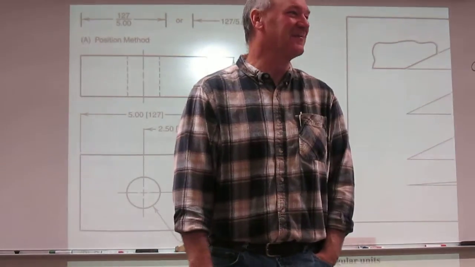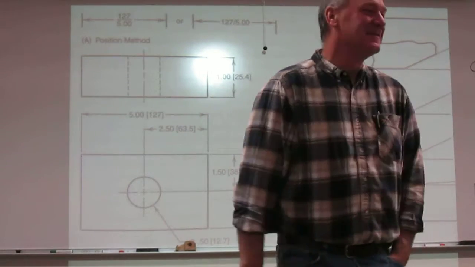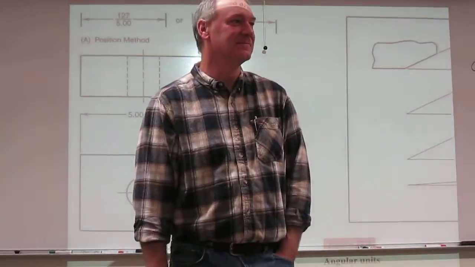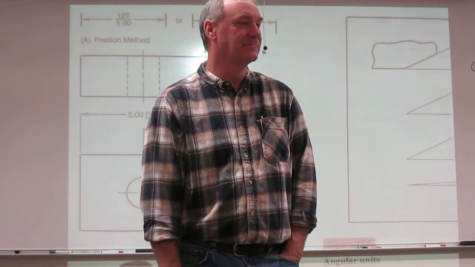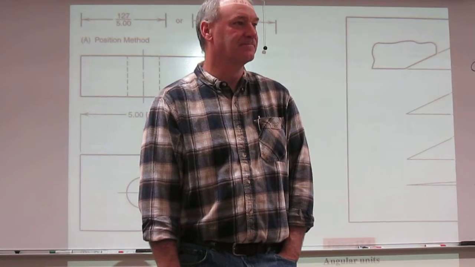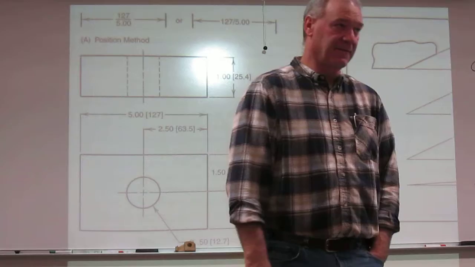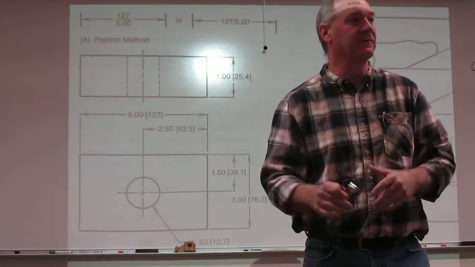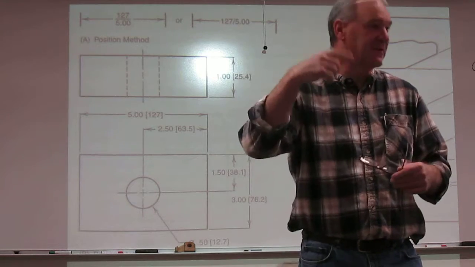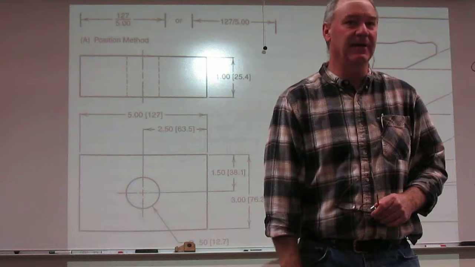But is that something that's typically going to be read all metric or all English, or are there situations where they go back and forth? The problem happens when we do go back and forth. Like we take an English drawing and we're building it with metric tools and we've got a technician sitting there crunching every single number. That's where you're just begging for errors. You're just begging for it.